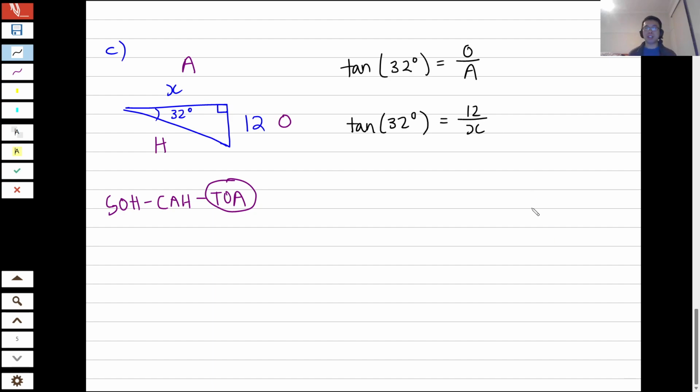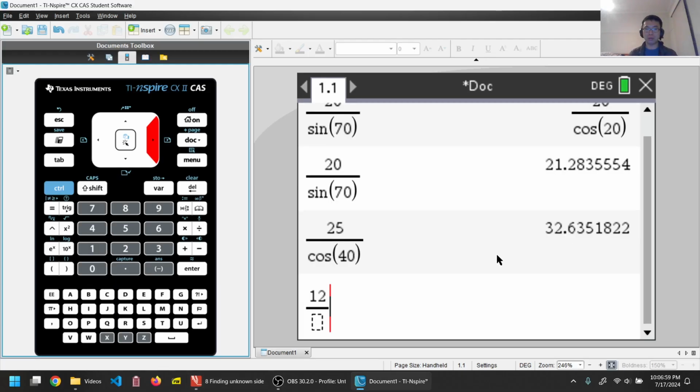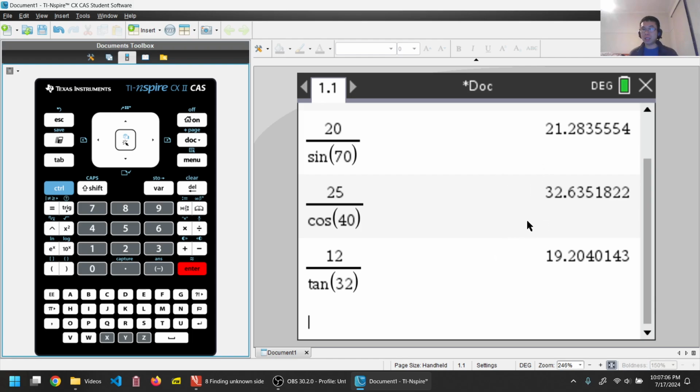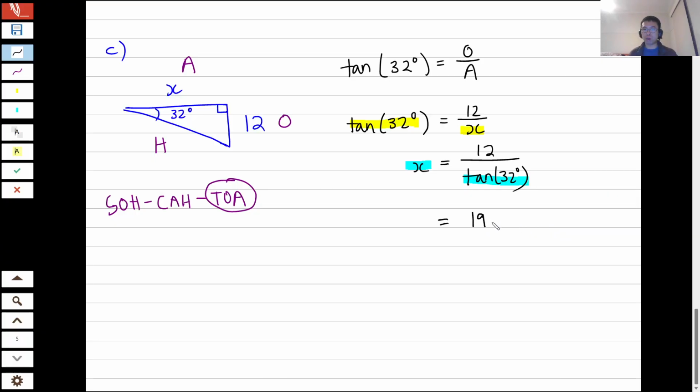This time I'm just going to do the swapping method. So I can go straight to writing x equals 12 divided by tan of 32. So we're swapping here. And now I use the calculator. So 12 divided by tan of 32 gives me 19.2040.